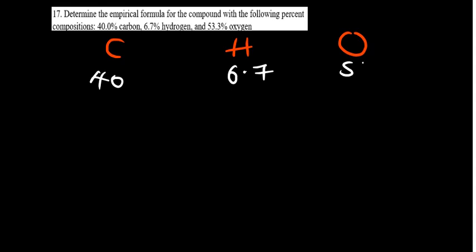We've been told our compound is only made up of carbon, hydrogen, and oxygen. So we're going to consider their percentages to be their masses. For the first one, carbon is 40, hydrogen 6.7, 53.3 for the oxygen. So we are considering this to be our masses.